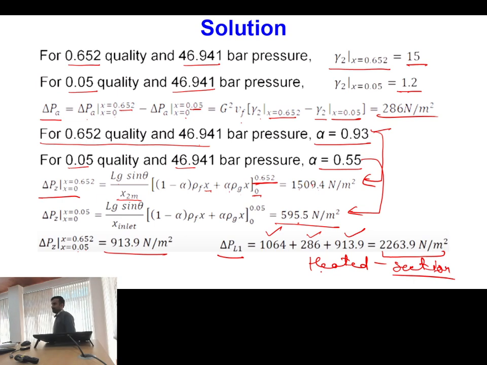Heated section. When you have an unheated section, then further you need to solve for that. But one benefit in the unheated section is that in the unheated section your quality and void fraction will remain the same because there is no heat transfer. Okay. So this is your total pressure drop for the heated section.